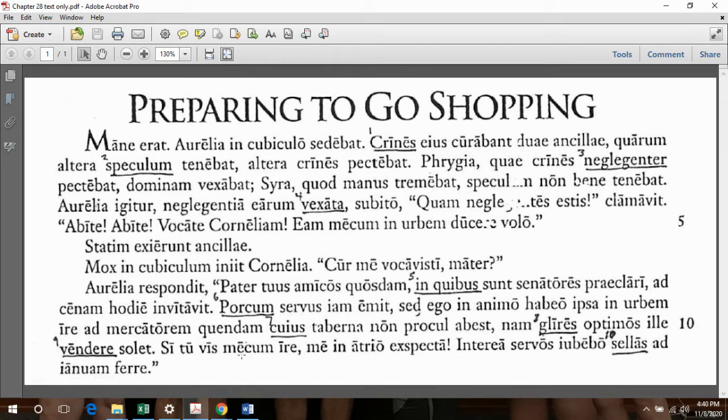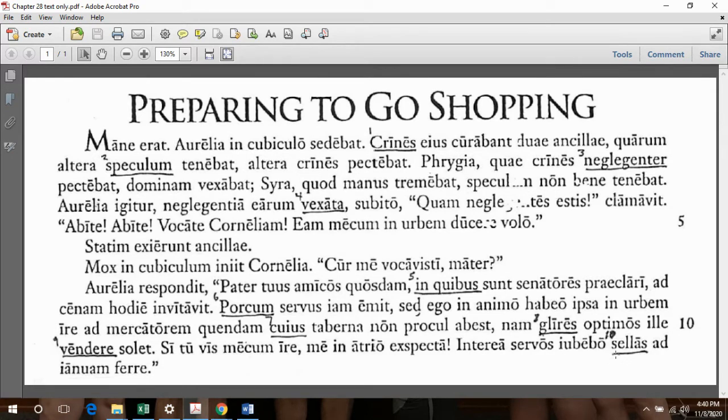Visne mecum ire? Vis, of course, comes from volo, velle, volui. Its present tense would be volo, vis, vult, volumus, vultis, volunt. I want, you want, he wants, we want, y'all want, they want. So if you want, you are wanting, mecum ire, to go with me, exspecta, the infinitive with an re chopped off, a singular imperative, await or look out for me in the atrium.